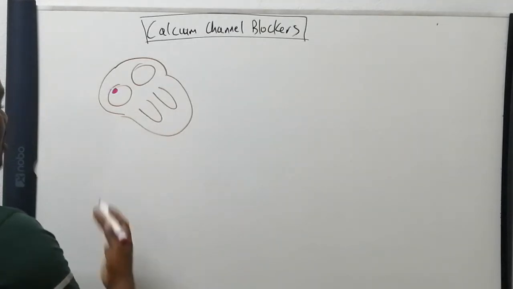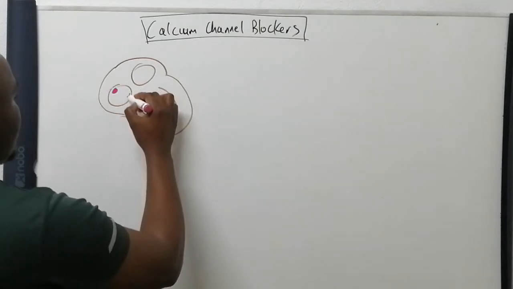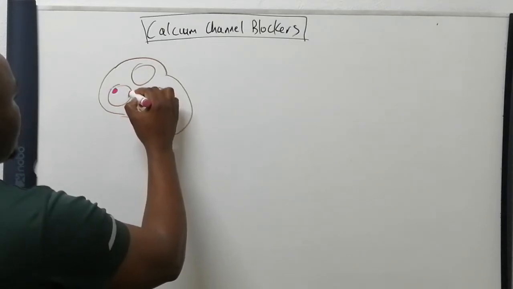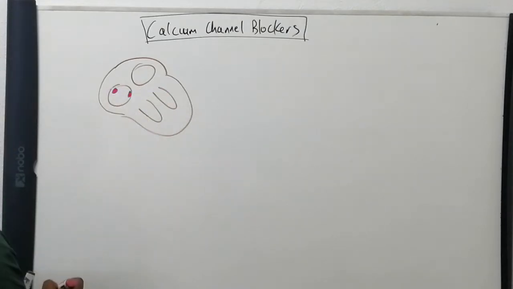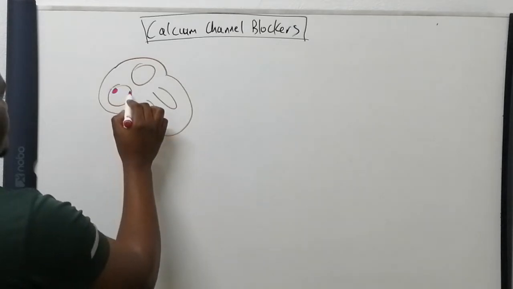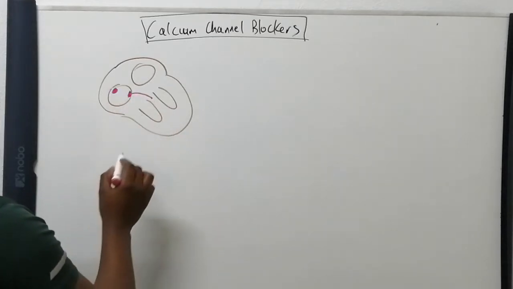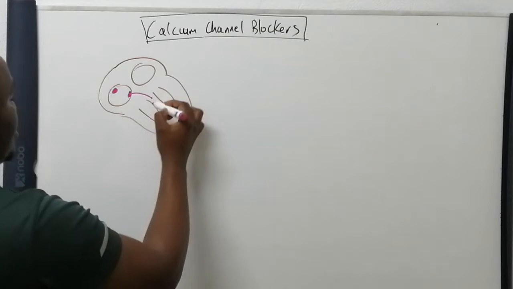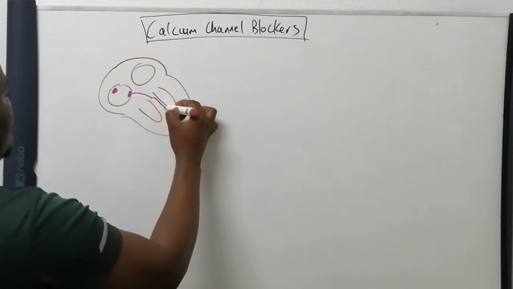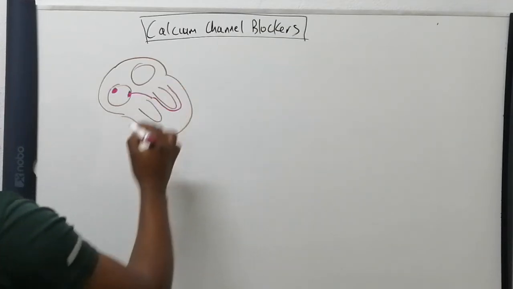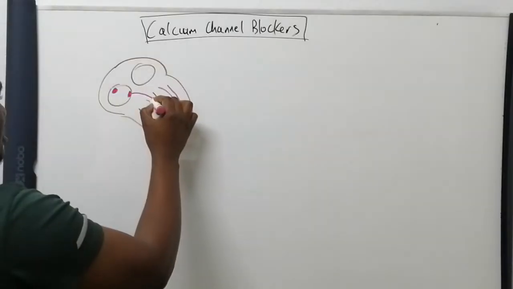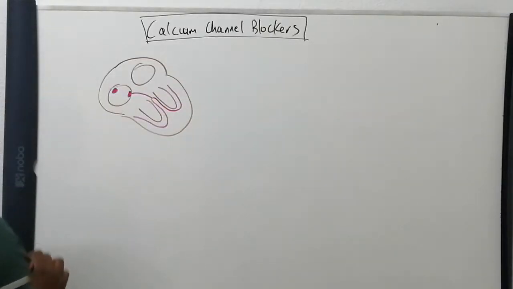And almost at the floor of that, more on the side, lies the AV node. And right there we've got our bundle of His, and then we've got our left bundle branch and our right bundle branch there.